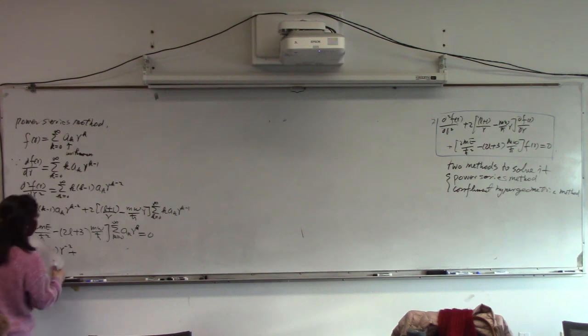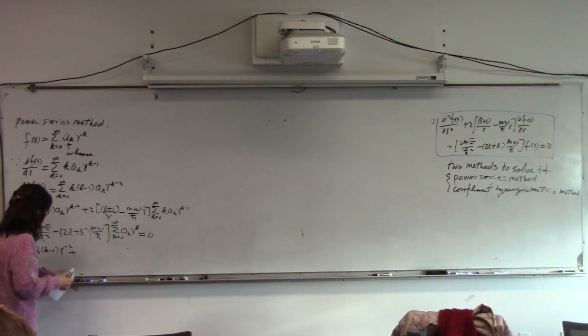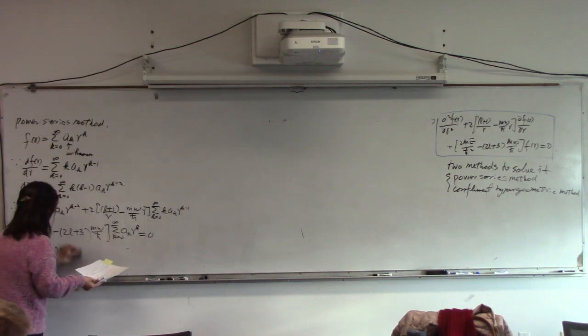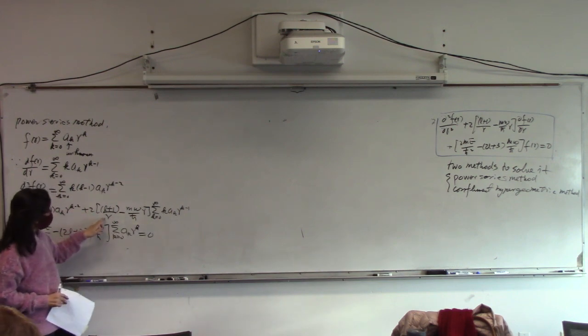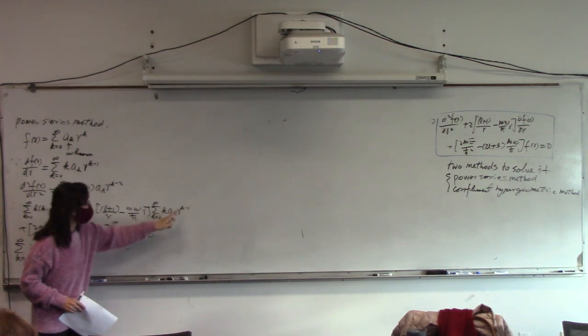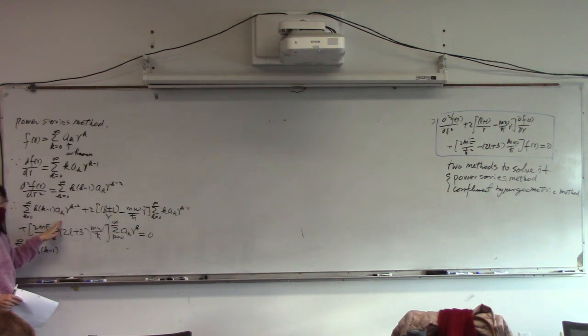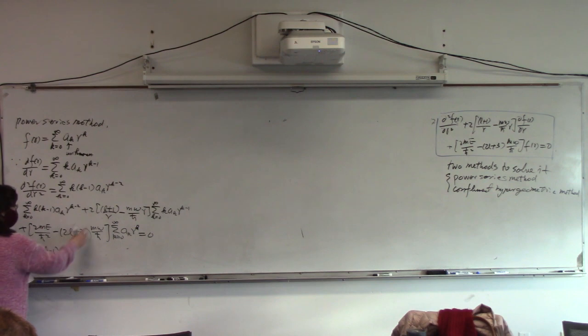Okay, now the second one is interesting here. Actually, there's another term. You can see here, this is k a_k r^(k-1). So that if this term is r^(k-2), right? That should be the same order as this one. Then the coefficient should be here. So I have this one and plus there's a k, there's a k also.